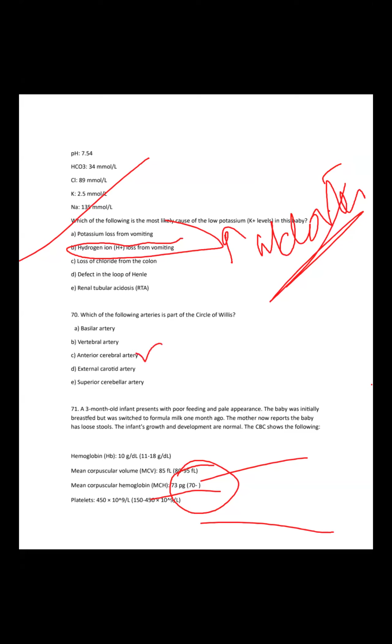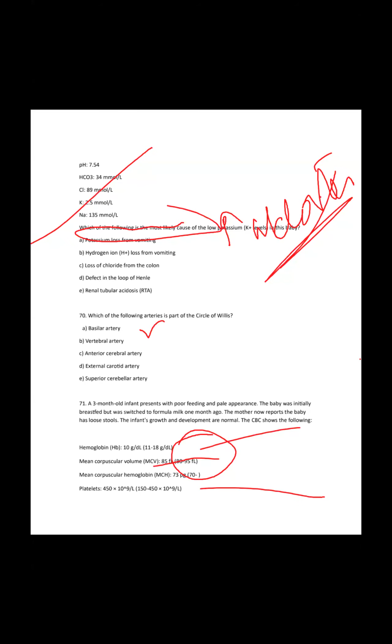A 3-month-old infant presented with poor feeding and pale appearance. The baby was initially breastfed, switched to formula 1 month ago. Okay, the mother now reports that the baby has loose stools.